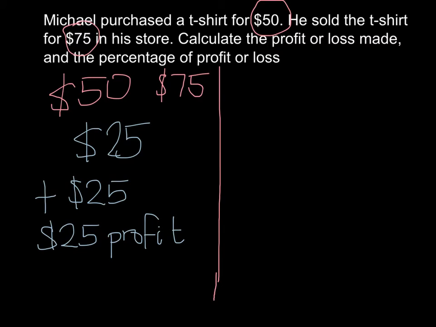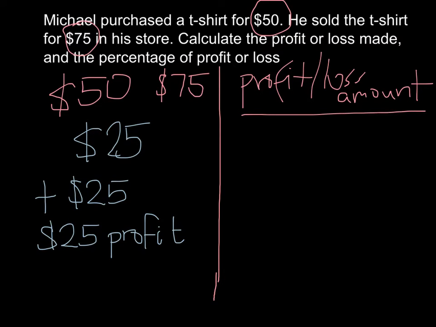We will now calculate the percentage of profit Michael made. To calculate the percentage of profit made or the percentage of loss made, we use this equation. We will put the profit or loss amount as a fraction over the original cost price.